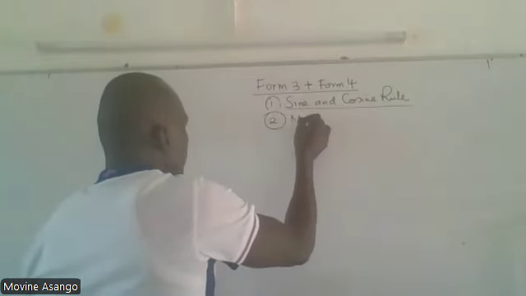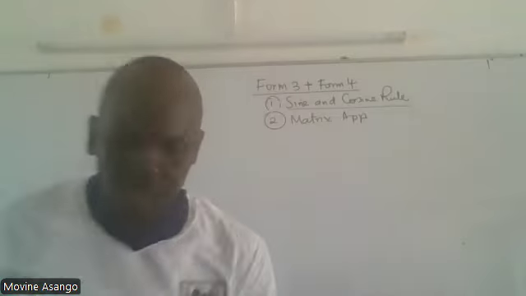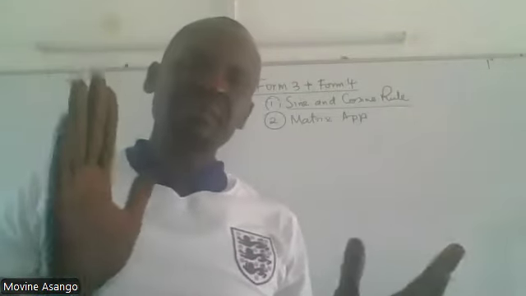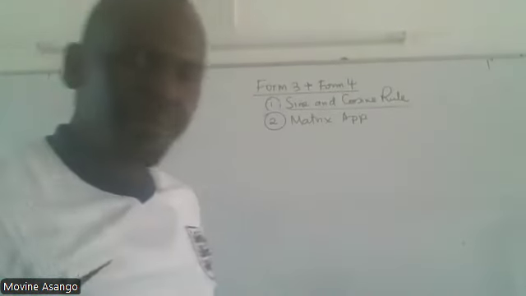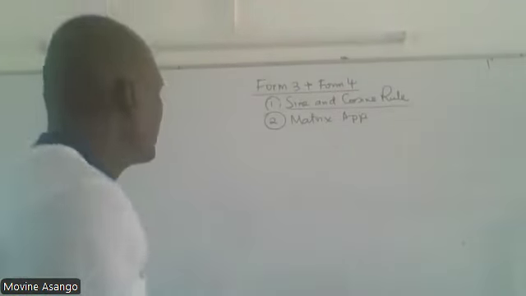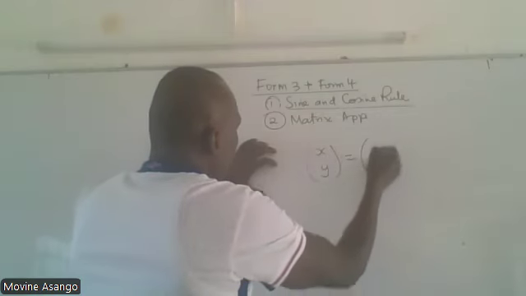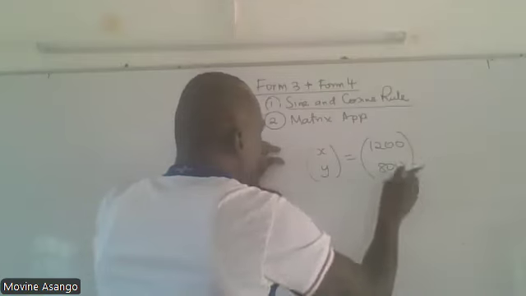Number two is matrix application. That is forming linear equations in two unknowns and using the matrix method to solve them. If, for example, you are solving for x and y, and you find the final answer, (x, y) is equal to (1,200, 800), this is not the final stage.